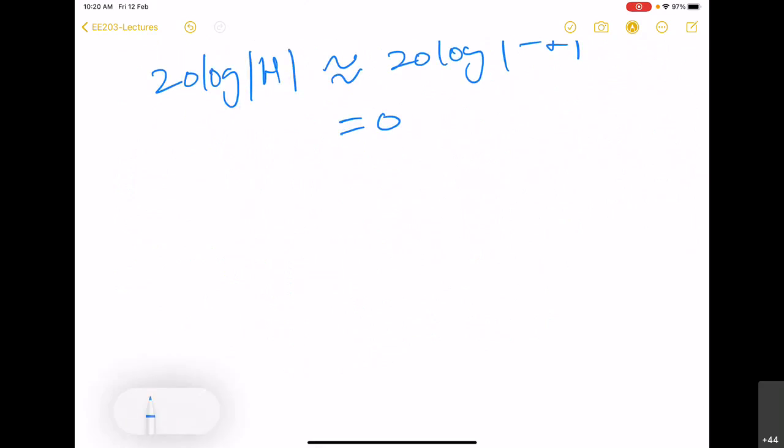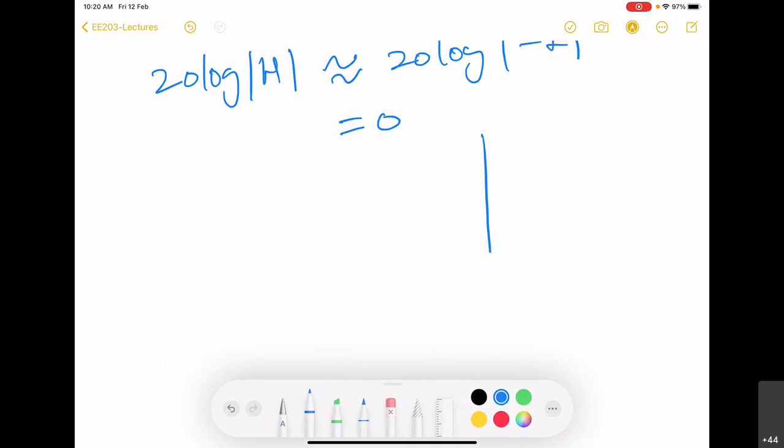So what this says is that suppose this is our Z, then it says that when you are in this region where omega is very, very small compared with Z, so in this region what will happen is the Bode plot will be something like this. So this is your origin, right?